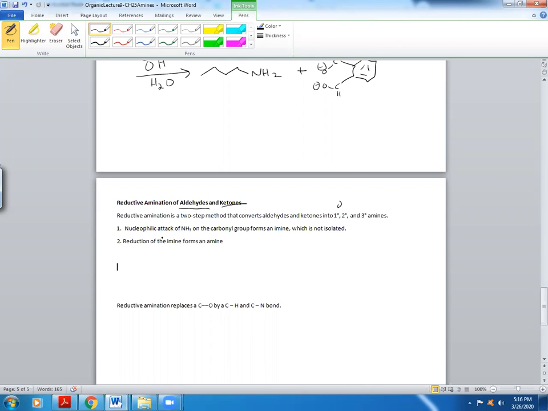Step one is a nucleophilic attack of NH3 on the carbonyl group that forms, in this case, an imine. Remember that, an imine, which is not isolated. So let's look at step one.